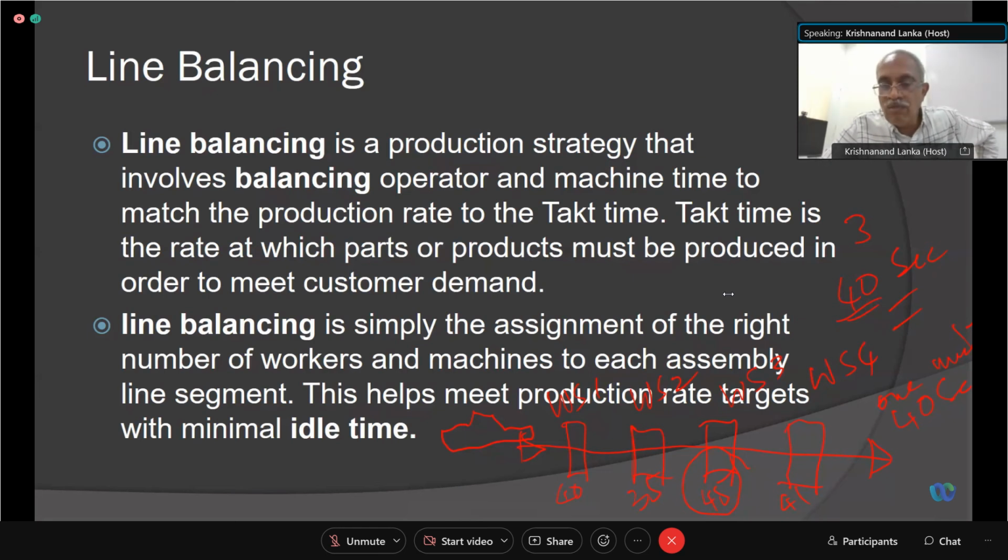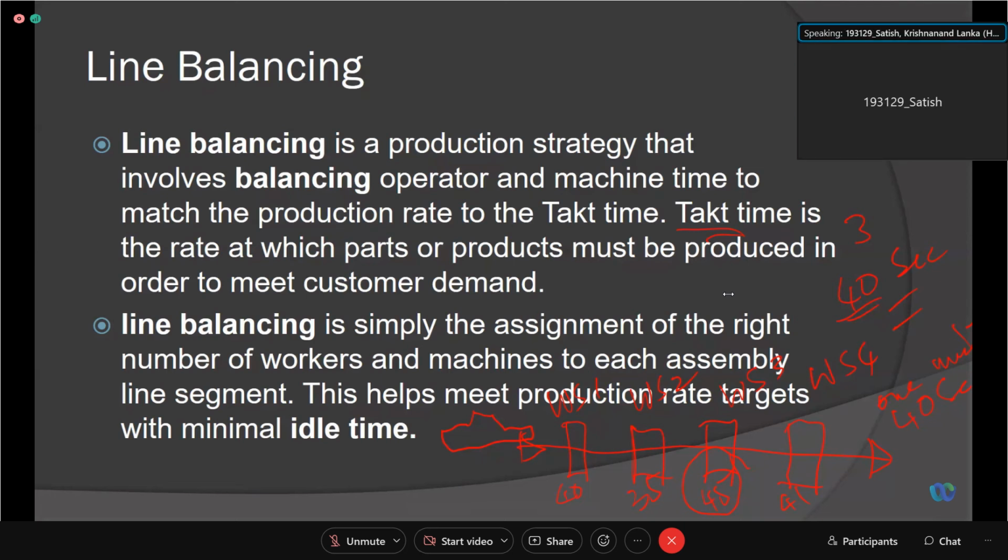So you have to somehow break your head to at least transfer 5 seconds worth of work to the previous workstation, so that you achieve the takt time of 40, turning out one product for every 40 seconds. Okay, understood.